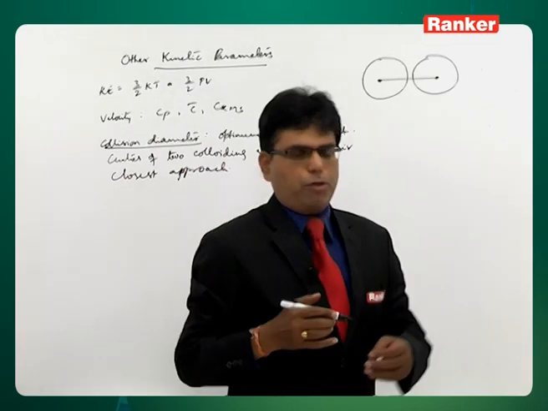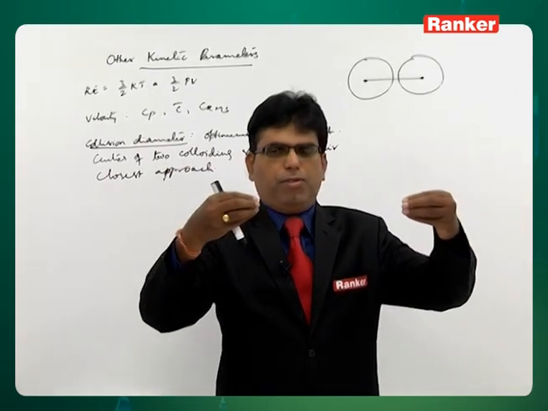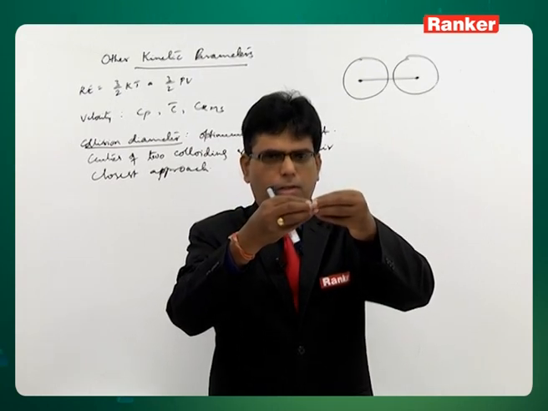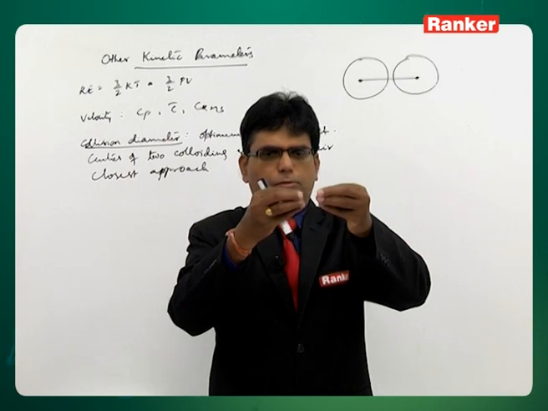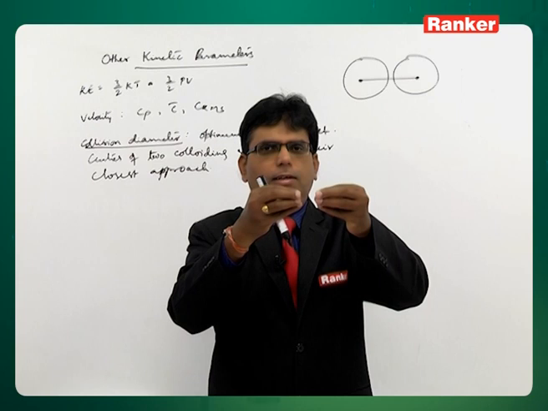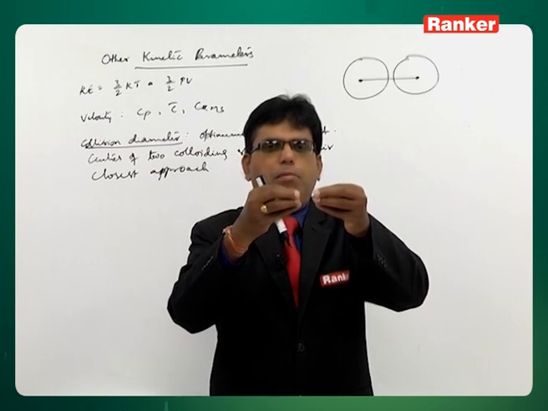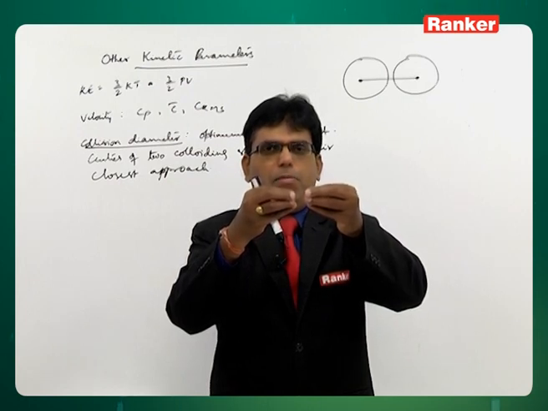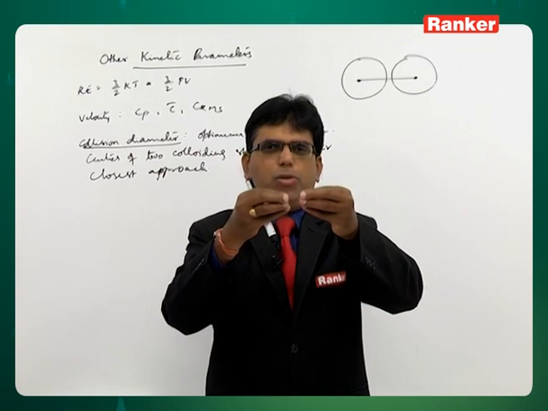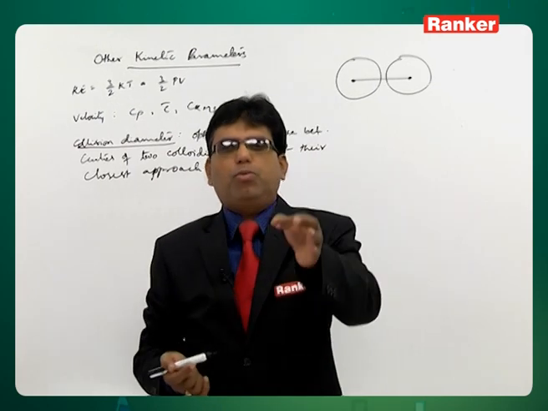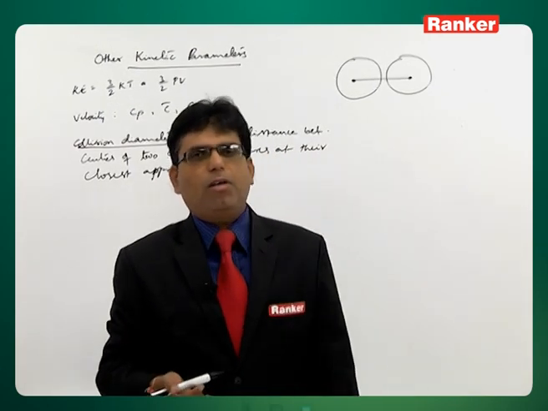When the molecules are coming from infinite distance, they come very close for a collision, but due to repulsion they go a little apart and maintain an optimum distance, where the attractions and repulsions compensate each other. In that situation, the distance between the centers of the two colliding atoms is what we call the collision diameter or molecular diameter.